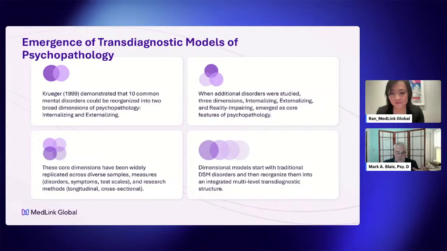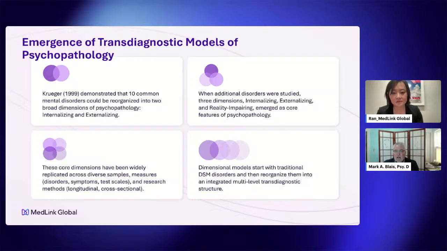This sparked more work, similar work, but with a broader range of disorders. And from that, we found 3 core dimensions: internalizing, externalizing, and reality impairing. The reality impairing dimension captured the more severe disorders like schizophrenia and paranoia and manic bipolar illness.